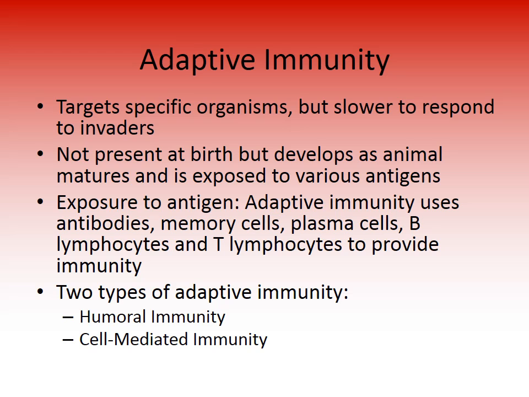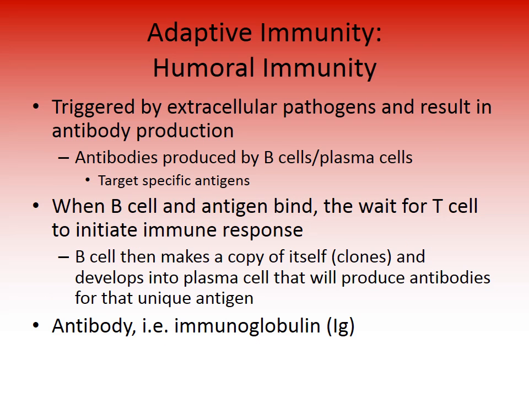And of course, there are two types of adaptive immunity. You can have humoral immunity or cell-mediated immunity. Humoral immunity is triggered by extracellular pathogens and results in antibody production.